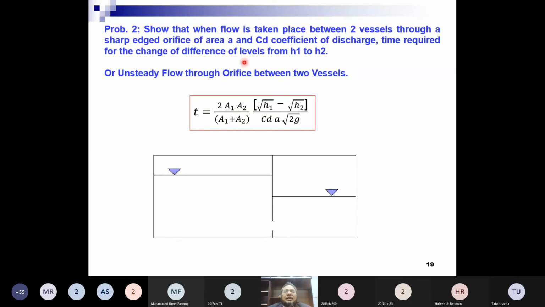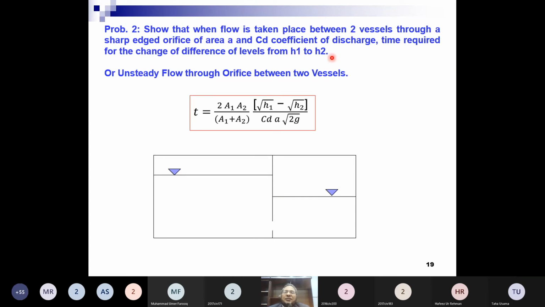Show that when flow takes place between two vessels, means tank this and that, through a sharp-edged orifice of area A, small a is the area, ye wala a, and CD, इसका coefficient of discharge CD है, time required for the change of difference of level from H1 to H2.